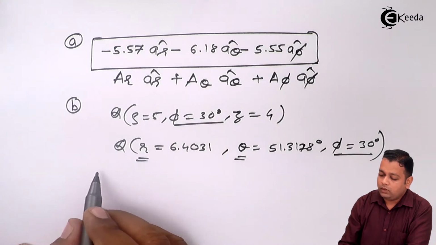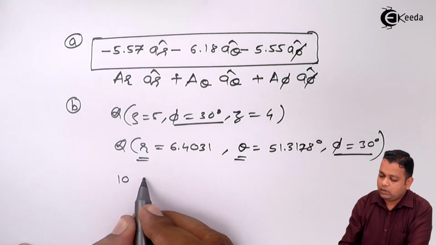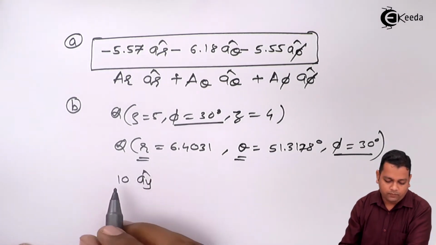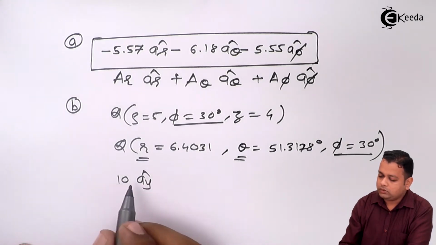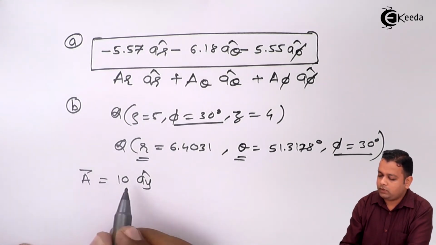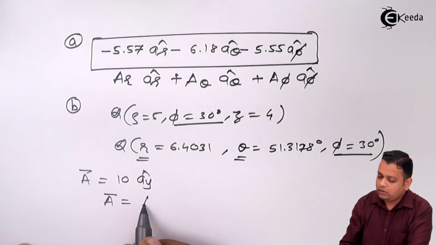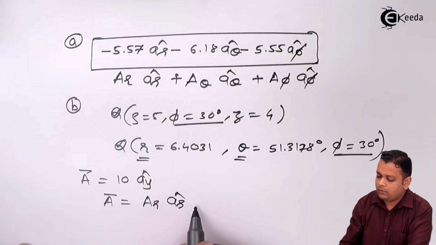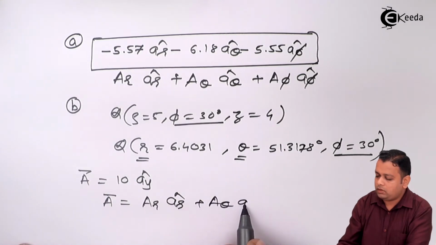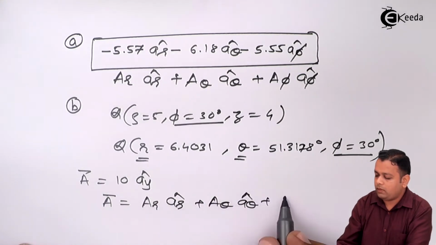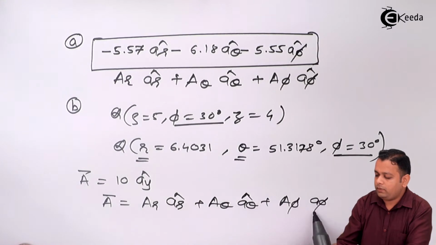So now the vector given is 10 AY cap. Suppose this is A bar in the rectangular coordinate system. We want A bar in terms of AR cap, A theta cap plus A phi cap.